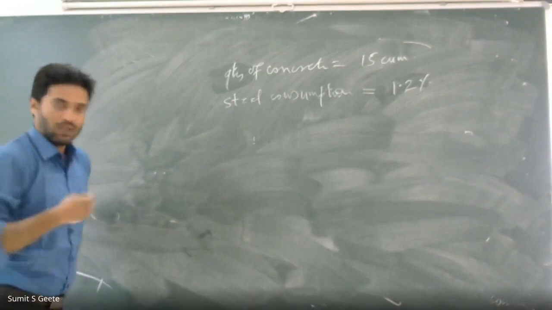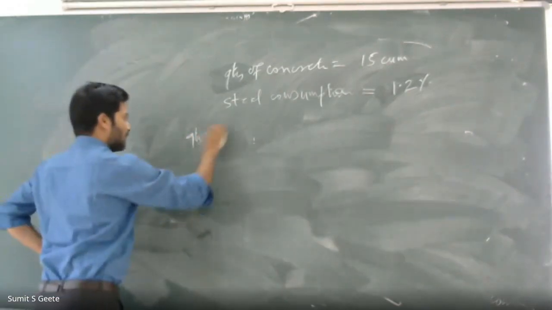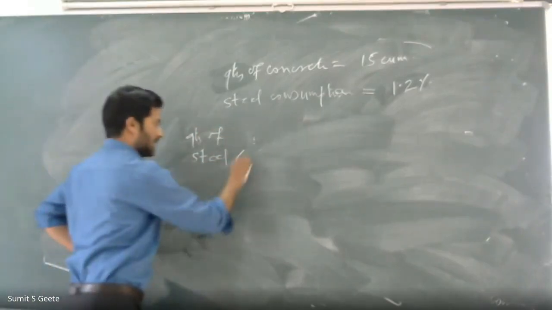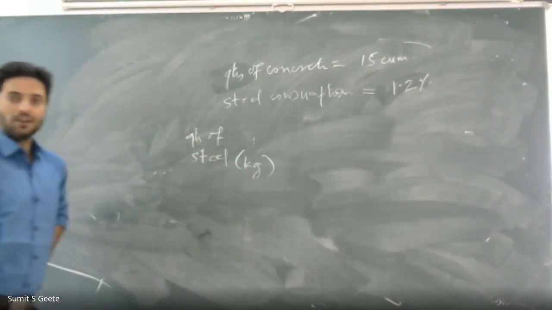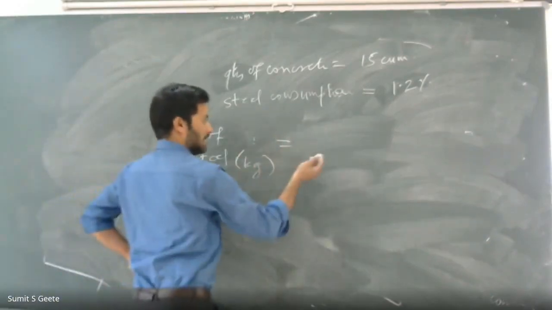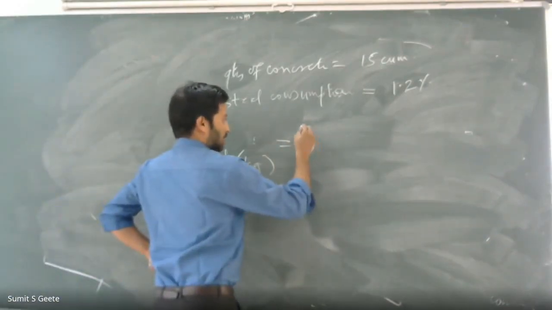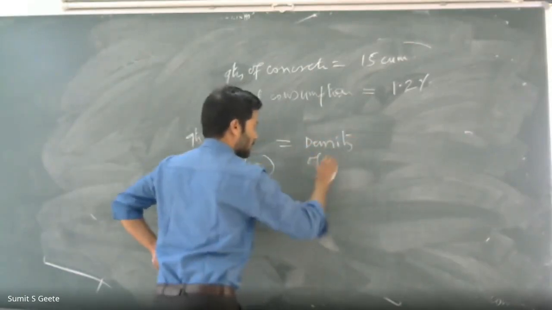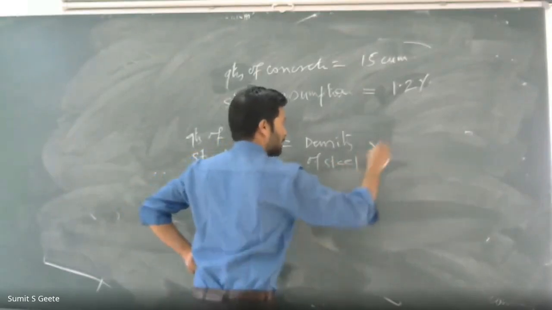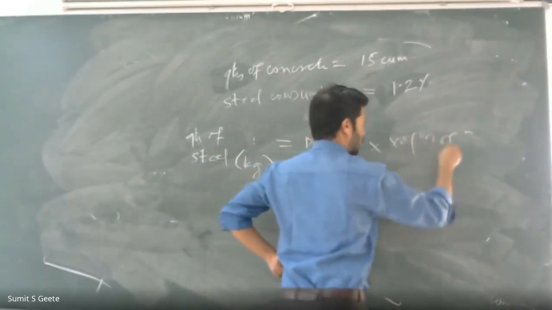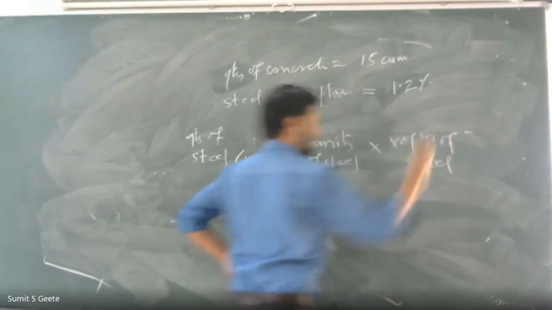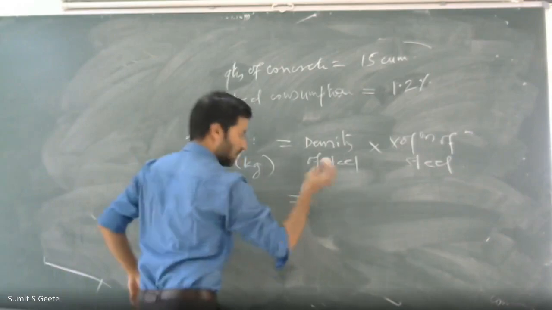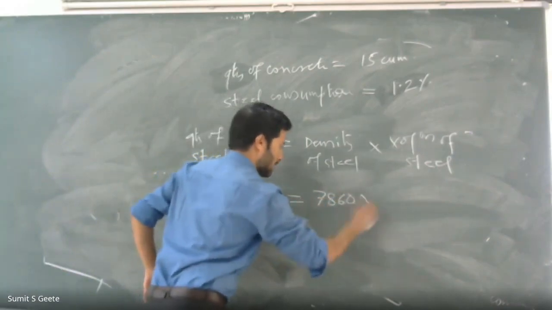Now we know that quantity of steel in kg is equal to density of steel multiplied by volume of steel. The density of steel is 7860 multiplied by volume of steel.